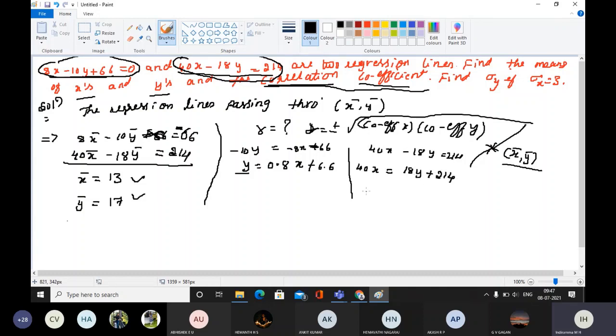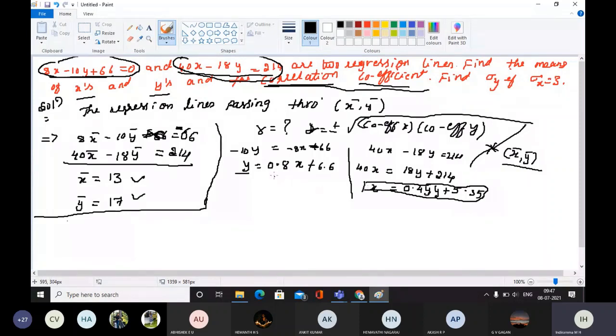Next x is equal to, what is 18 by 40? 0.45, into y, plus 214 divided by 40, which is 5.35. This is the second regression line.